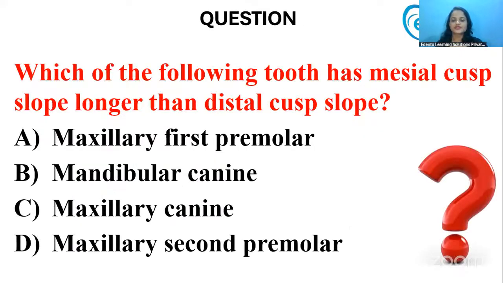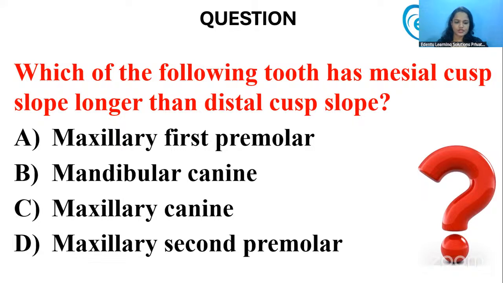Which of the following teeth has a mesial cusp slope longer than that of the distal cusp slope? These are some of the differentiating features that help in differentiating between teeth. If you want to differentiate between the maxillary first and second premolar, then this feature is mainly considered as an important clue.